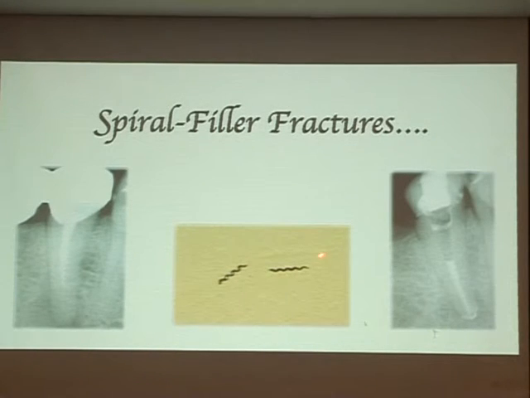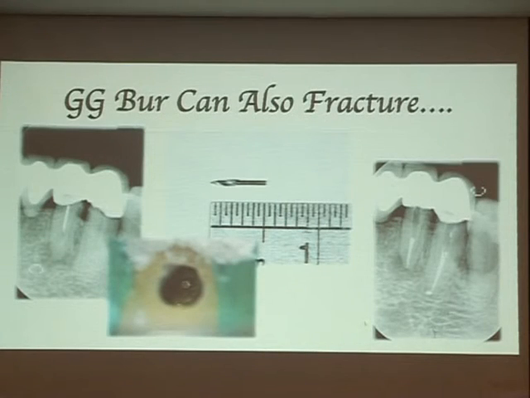Spartan filler will separate. Even Gates Glidden burs will separate and be retained. Very large pieces. Don't think, as they say, that Gates Glidden burs only separate at the top. No, sometimes they separate in this part. So we have to pull a point and remove it as well.